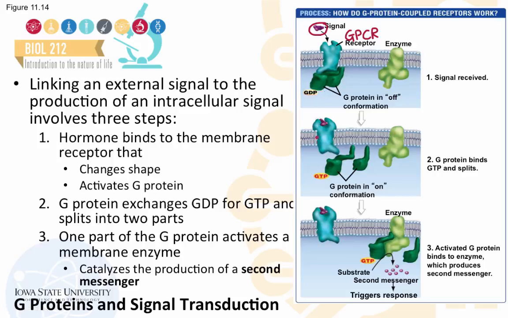When the G protein becomes activated, it exchanges GDP for GTP and splits into different subunits, one of which binds to an enzyme located further along within the cell membrane that then results in the formation of a second messenger that carries the signal further in the cell.